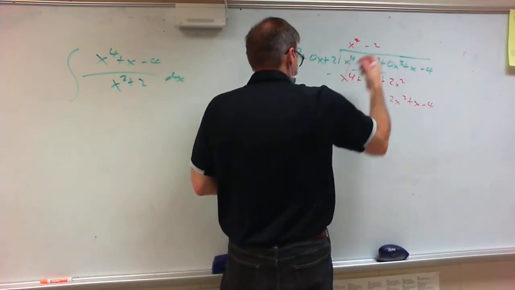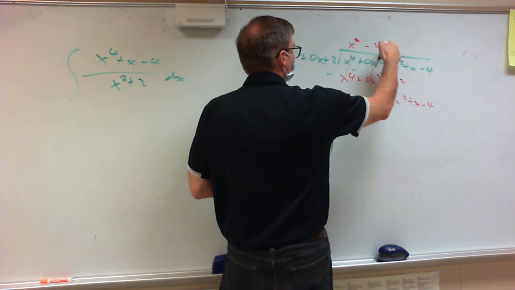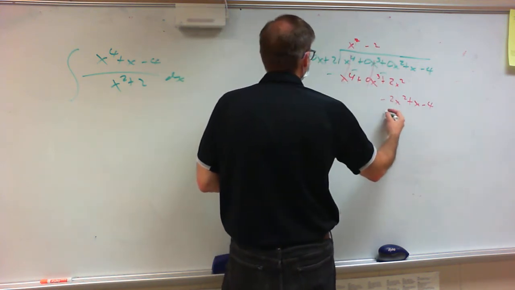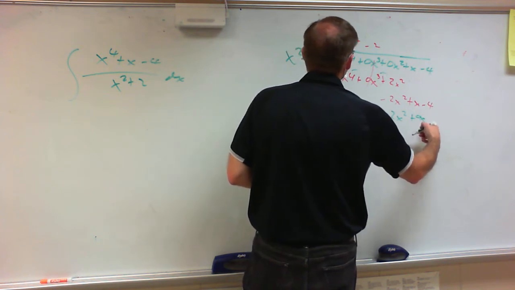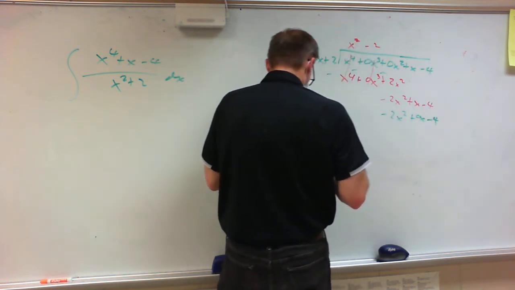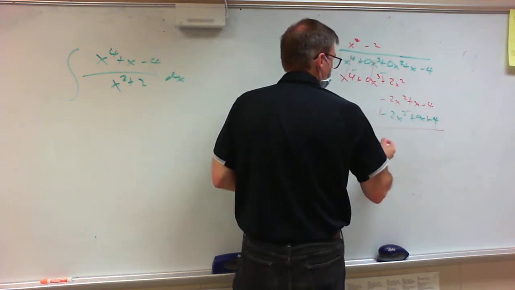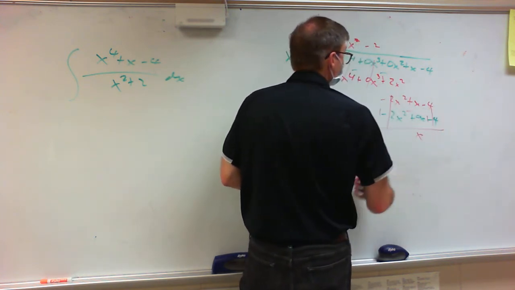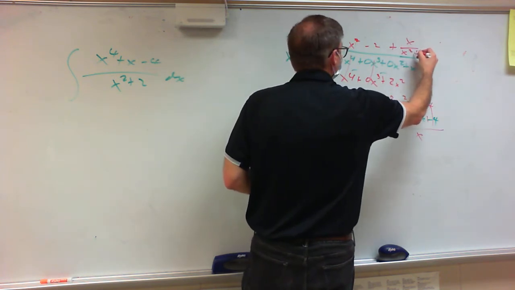Now I need a negative 2. When I do this, I get negative 2x squared plus 0x minus 4. And now when I change the signs, that cancels, I'm just left with x. So I have plus x over x squared plus 2.